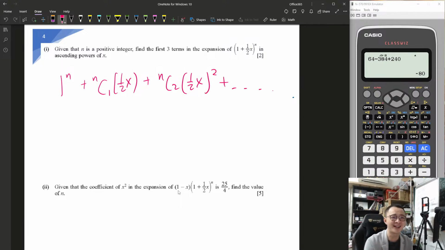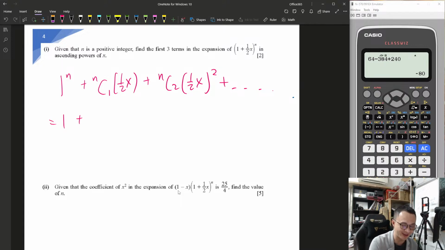But normally I will write nicely. So this is 1, and then this is n. Okay, it's very hard to write nicely. Okay, maybe I can just do something like nC1 x over 2. Or I don't want to, also never mind. I think I can just leave it like this.